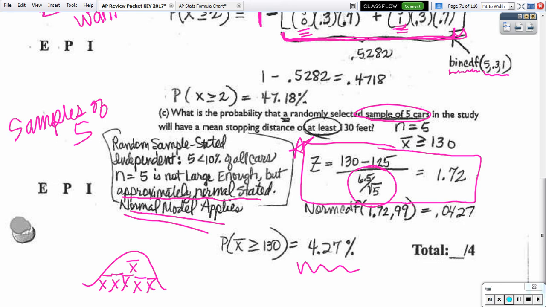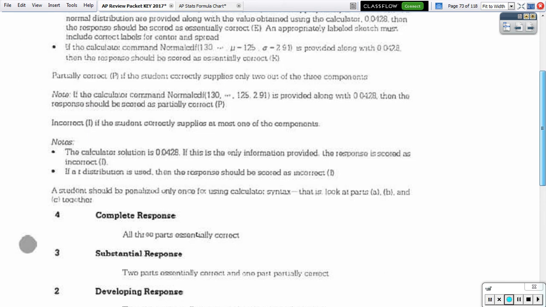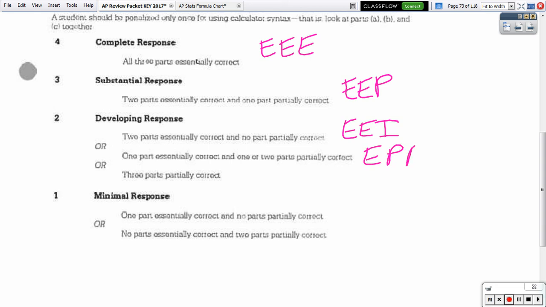All right, so you can count your E's and your P's, and let's see how that gets scored. You get a 4 if you get all 3 E's. You get a 3 if you get 2 E's and a P. You get 2 if you get several things. Let's see. 2 E's and an I. E, PP, and PPP.